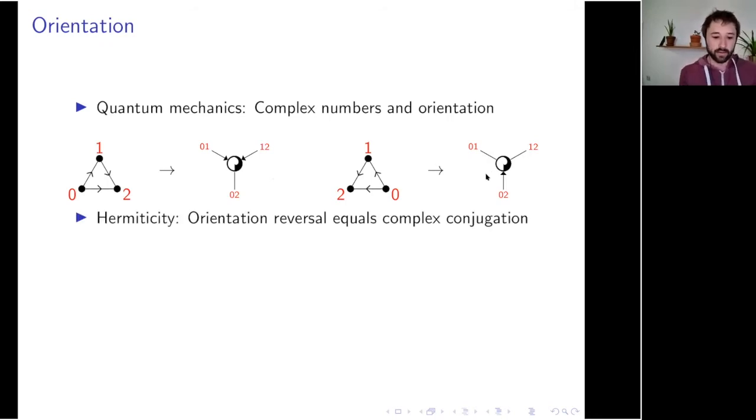So as you all know, quantum mechanics is Hermitian. That means that the Hamiltonian as a matrix, if I exchange the two indices, this is the same as complex conjugation.